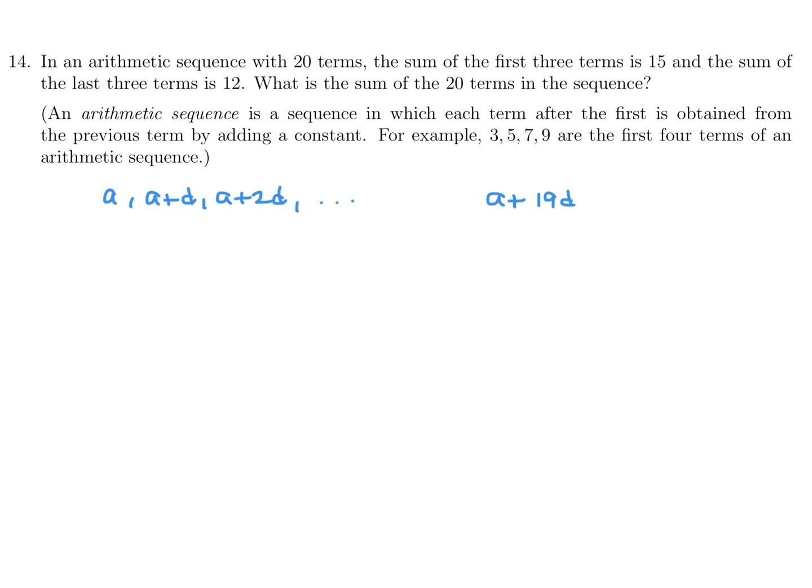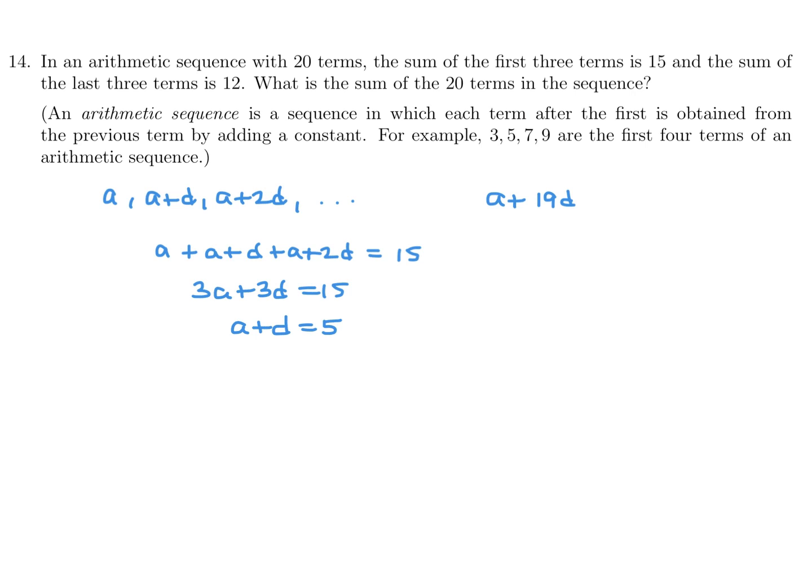And they tell me the first 3 terms, so a plus a plus d plus a plus 2d, that would equal 15, correct? Okay, so that's 3a plus 3d is 15. So that means a plus d is 5.